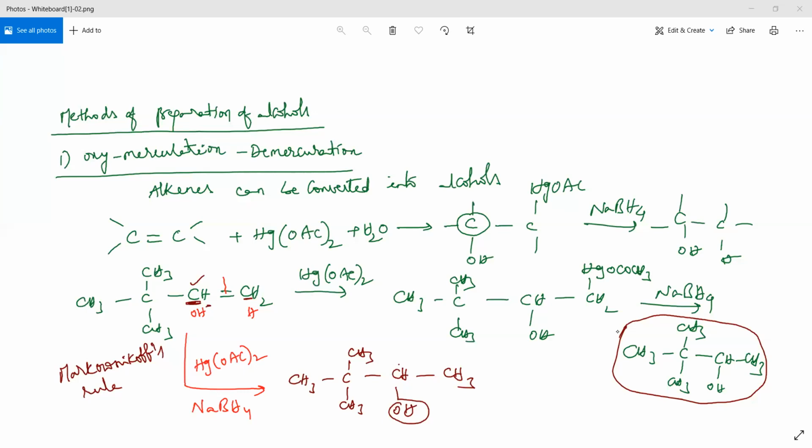oxymercuration, demercuration. In oxymercuration, demercuration, you can see here, alkenes can be converted into alcohols. In oxymercuration, demercuration, the reagent is mercuric acetate.